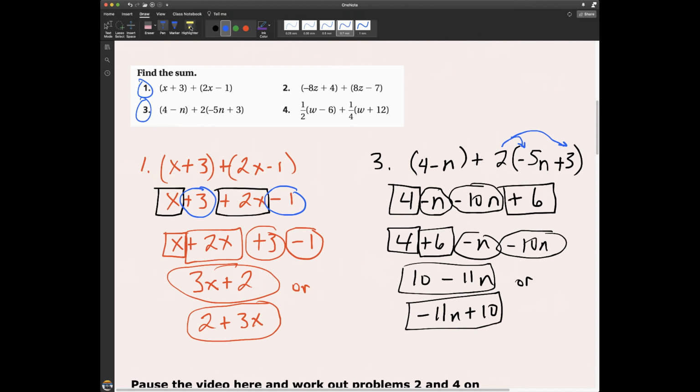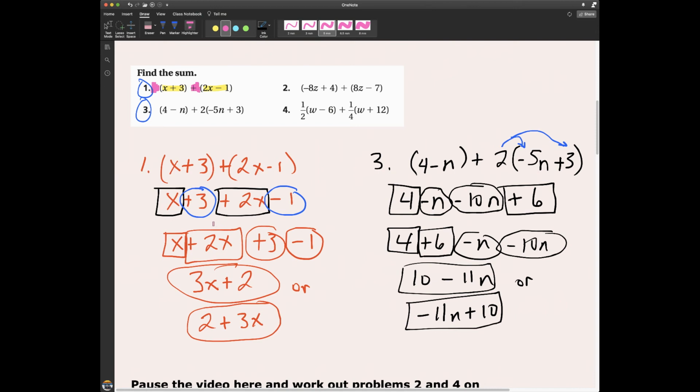What did I do? Well, the first thing I did, I wrote the problem down, and I basically look at the linear expressions. The linear expressions are inside the parentheses here. So the first thing I do is I look outside of the parentheses next to each linear expression.